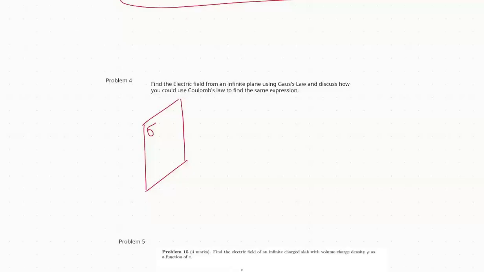The field from an infinitely charged infinite plane is sigma over 2 epsilon naught, where sigma is the charge density, the charge per unit area.